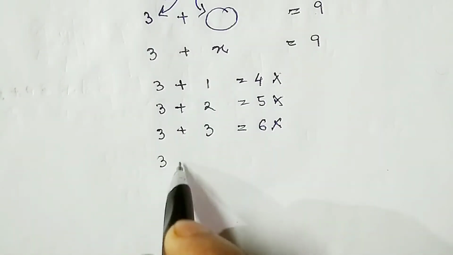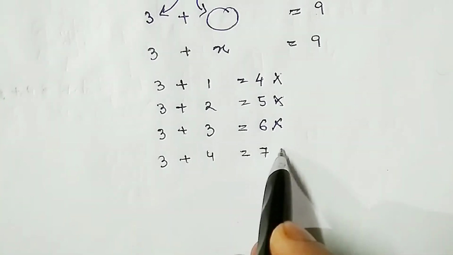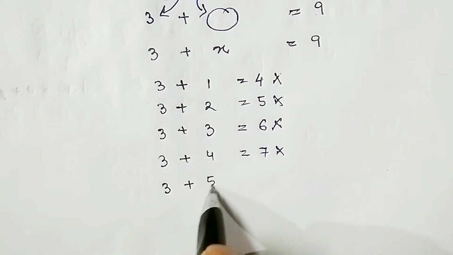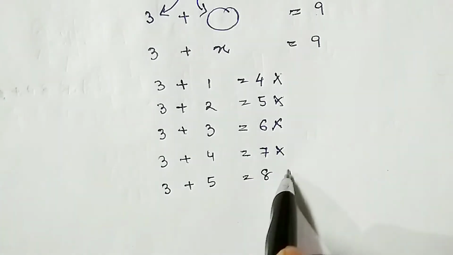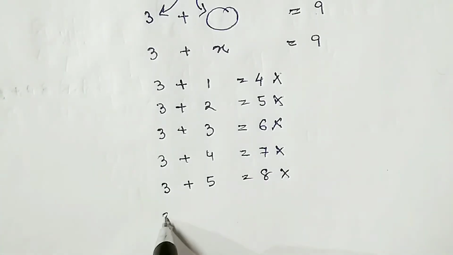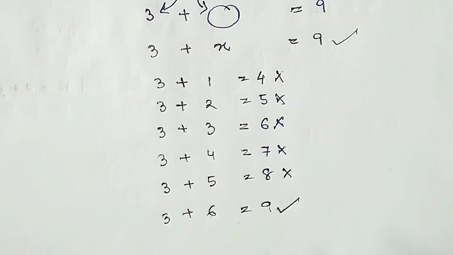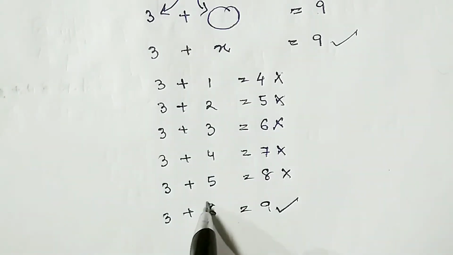Then 3 plus 4 equals 7. So it is also not true. Suppose in this pocket 5 marbles are there. Then 5 plus 3 is 8. It is also not true. 6 plus 3 is 9. And here we got this one and this one the same. That means in the other pocket of Golu, there are 6 marbles.